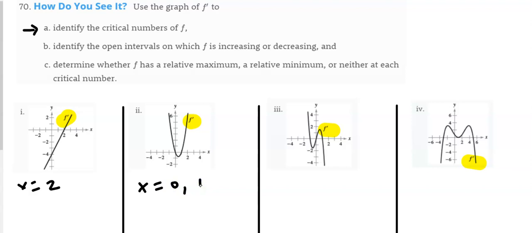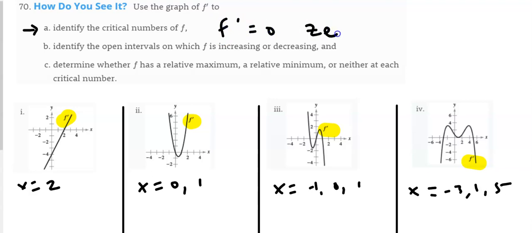That's where f has critical points. On 3, x is equal to -1, 0, and 1. And on 4, x equals, it looks like -3, 1, and 5. And again, the reason is f prime equals 0, I'm looking for zeros here.